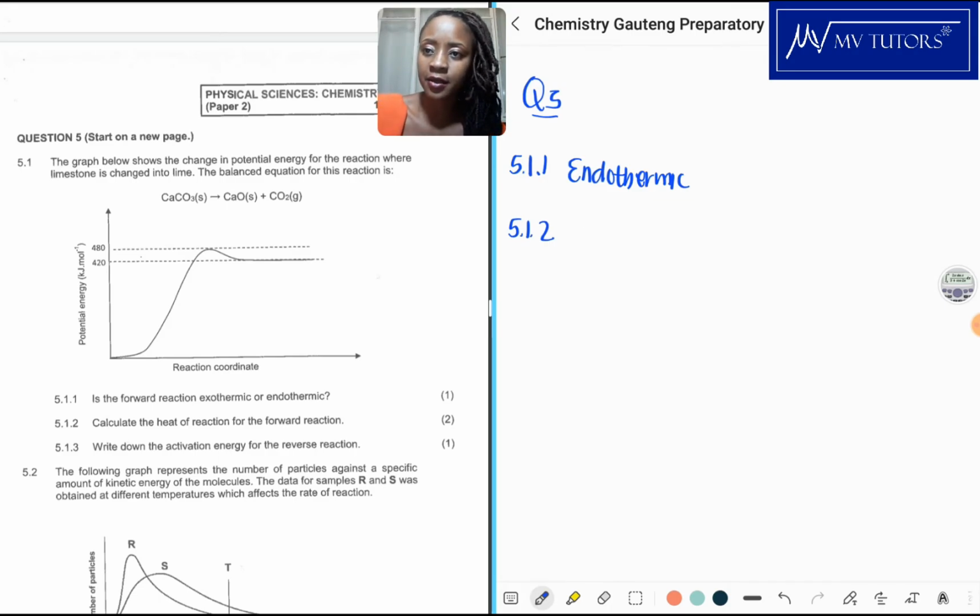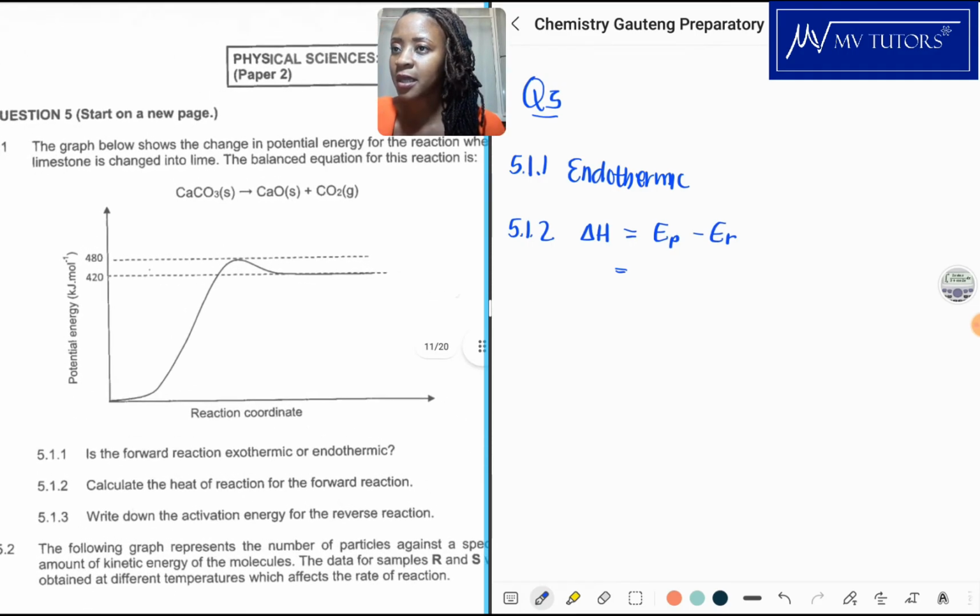Okay, so the heat of reaction is the same as saying enthalpy, right? And you know that the enthalpy is the energy of your products minus the energy of your reactants. Okay, so we have the energy of the products minus the energy of the reactants. And for your products, well, basically you have 420.